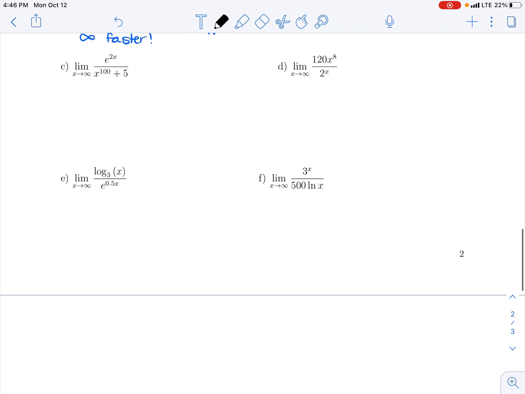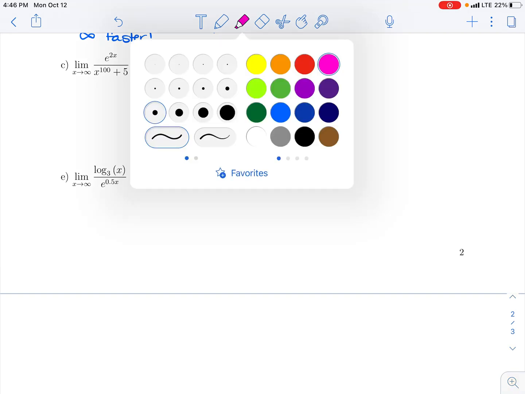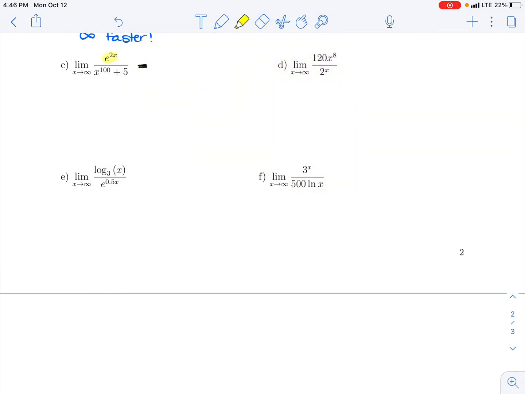Okay, moving on to part C here again, what I notice is that the numerator is going to infinity, right? Because here I have an exponential function. And again, I know it says e to the 2x, but my base is still greater than 1. Okay, how about the denominator?